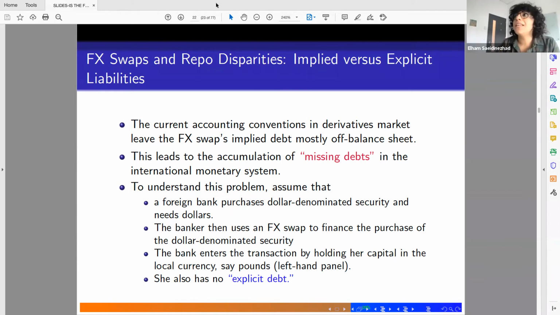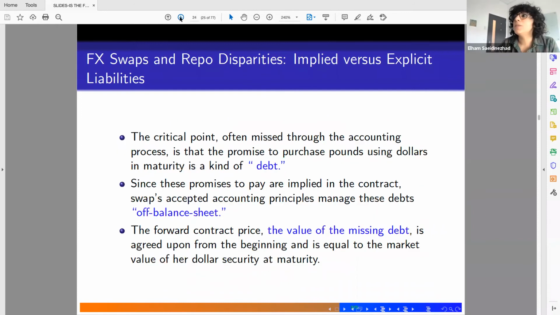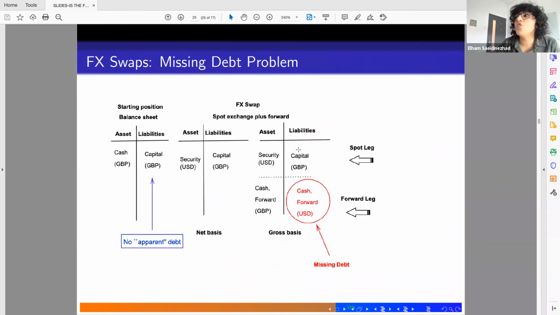So this means that in this balance sheet, this debt exists and it should be fulfilled in the future by the investor who has purchased this asset and funded that asset in the FX swap market.